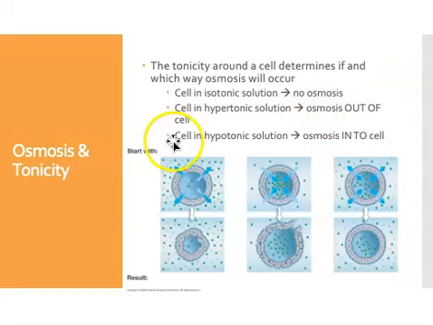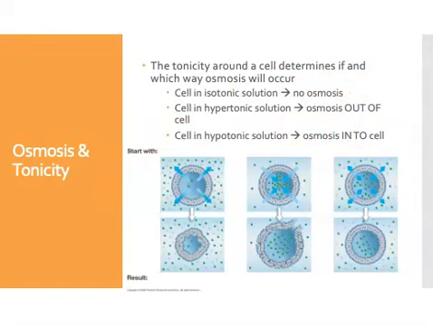And finally, if a cell is sitting in a hypotonic solution, there are fewer particles outside of the cell compared to the inside. Water is going to flow into this cell. Osmosis is going to occur inwards.